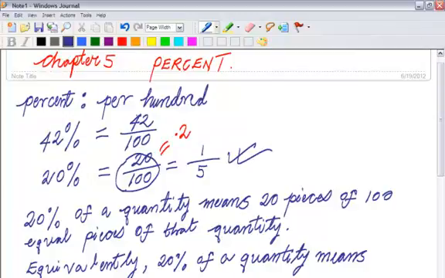So 20% of a quantity means 1/5 of that quantity. Okay.